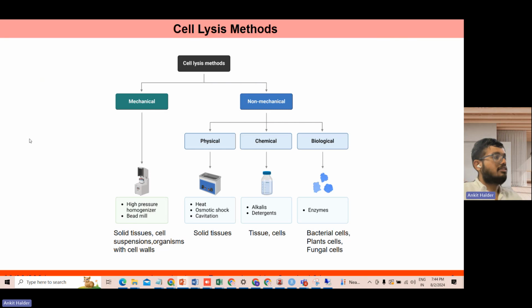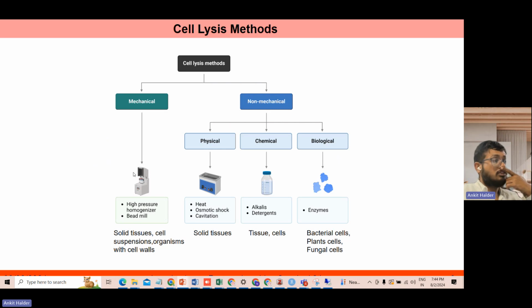So now, what are the cell lysis methods? If we try to break it down, one is mechanical, another is non-mechanical forces. Mechanical means the high pressure homogenizer and the bead mill, that is, bead beaters. You can also search for them.